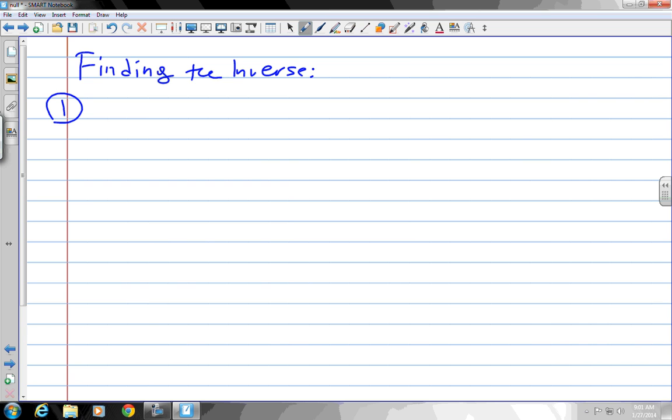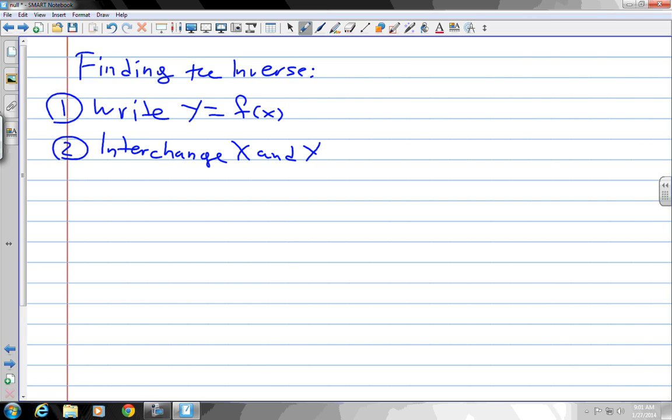So step 1. Write y equals f of x. So actually, you need a y in there, basically. Step 2, interchange x and y. And this is the silly step again. For every x, you put y. For every y, you put x.